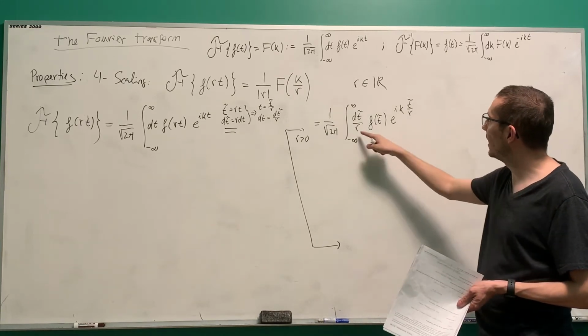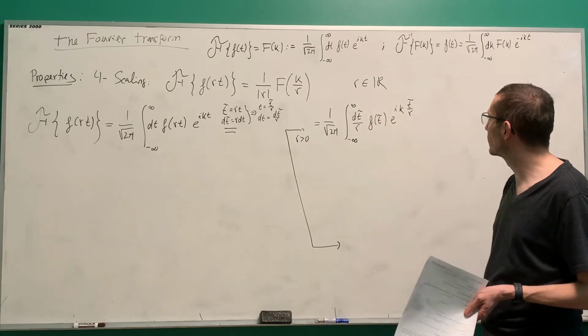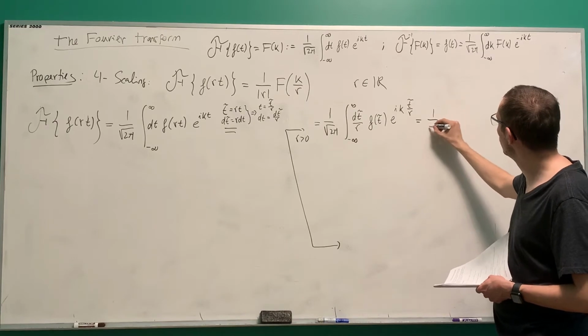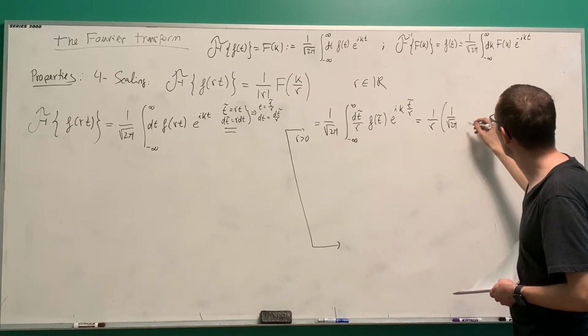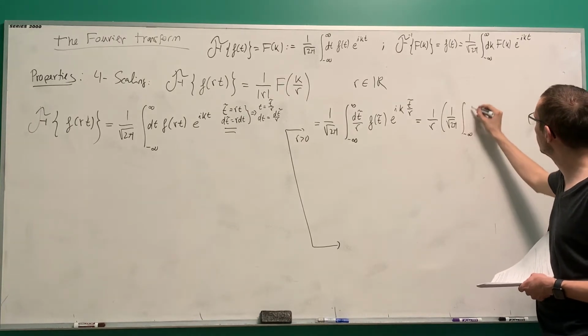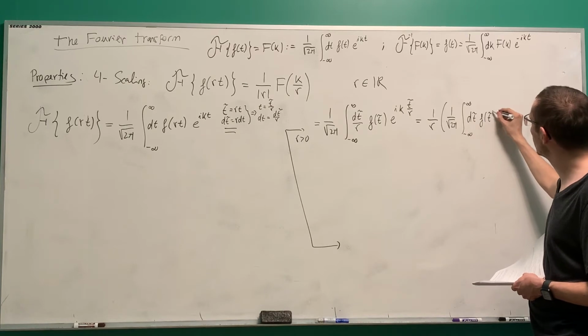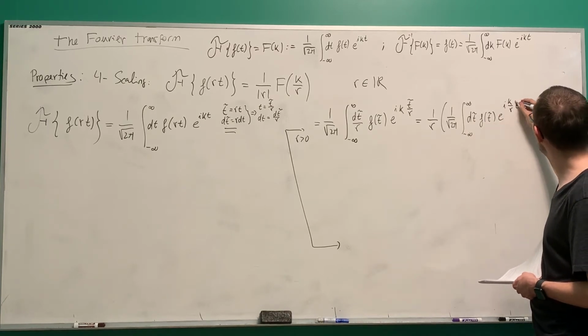I can take the r outside of the integral because it's a constant factor. And I can put the r divided by k. So this is 1 over r, being positive, 1 over root 2 pi, then integral from minus infinity to infinity, dt tilde f of t tilde e to the i k divided by r t tilde.